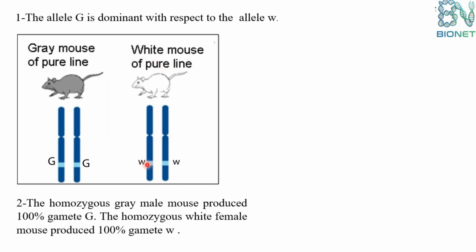So the homozygous gray mouse produces 100% gametes carrying the allele G, and the homozygous white female mouse produces 100% gametes carrying the allele w. The complementary process of meiosis is fertilization.